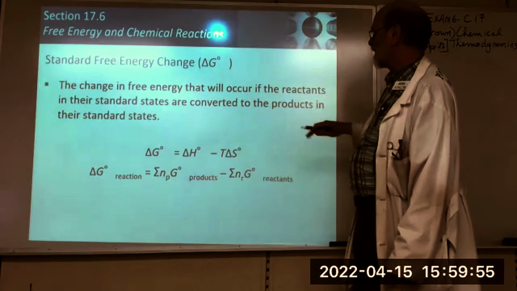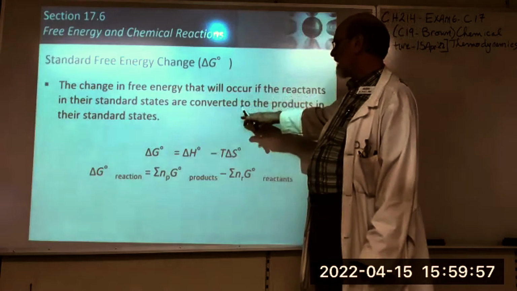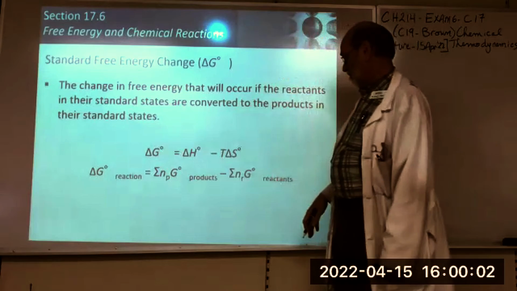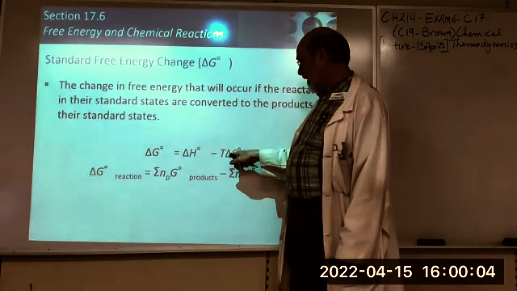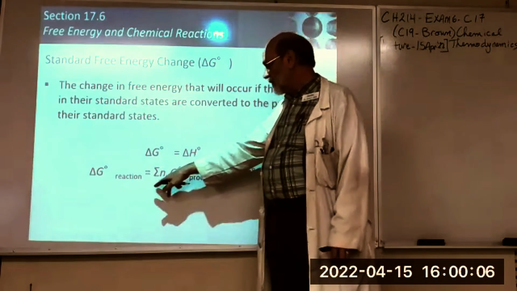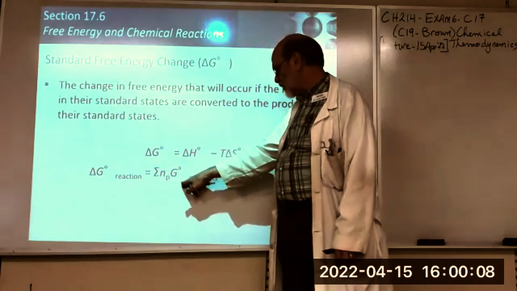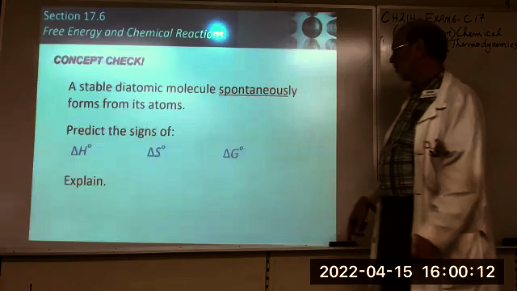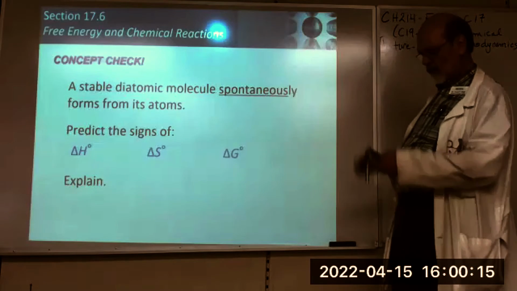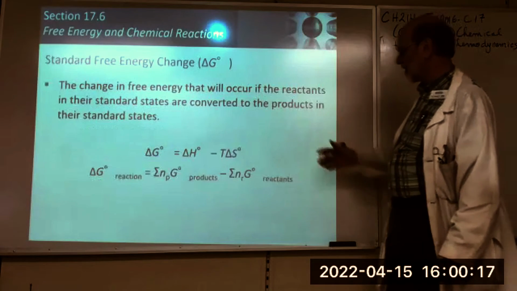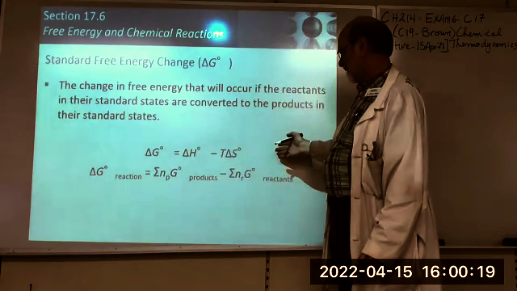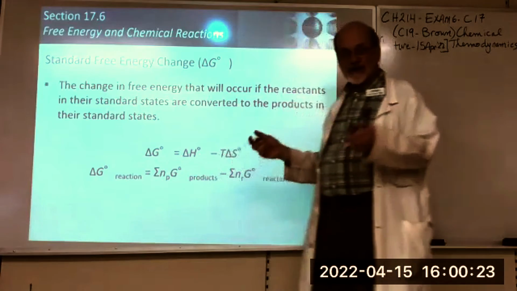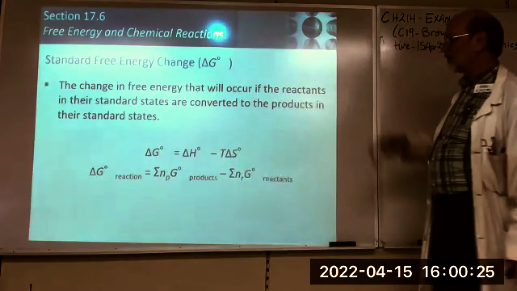So what's the change in free energy that will occur if the reactants in their standard states are converted to products? Well, we need to know each one of these values. So the delta G for the reaction equals products minus reactants. We can calculate it here, and then we can relate it to any other factors there. And that's the whole point of this one.